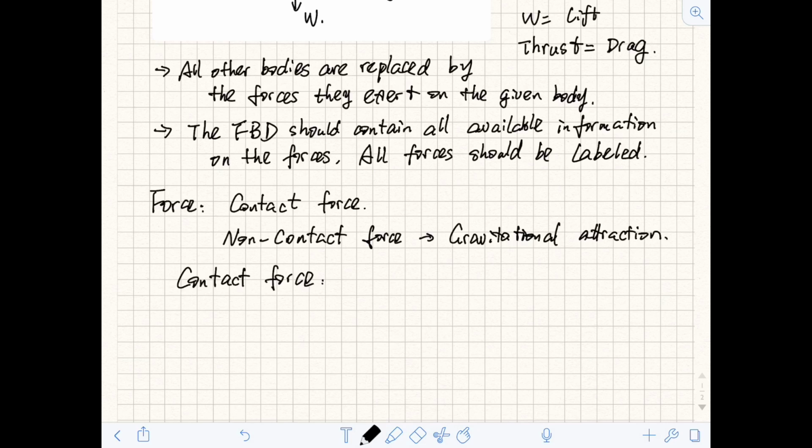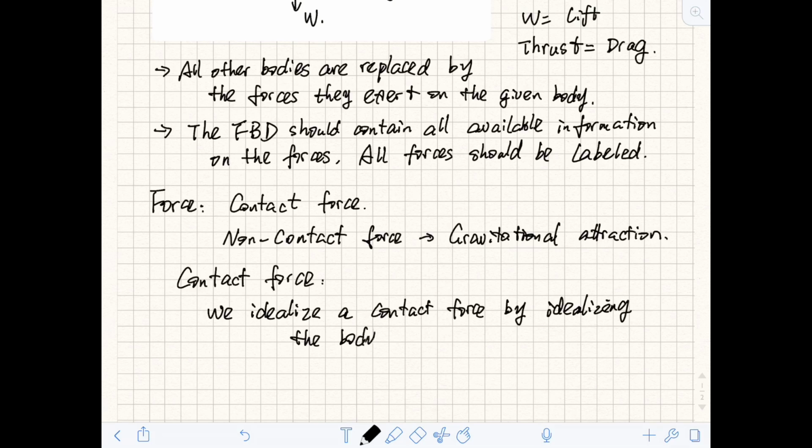So for contact force, we idealize a contact force by idealizing the body that exerts a force.